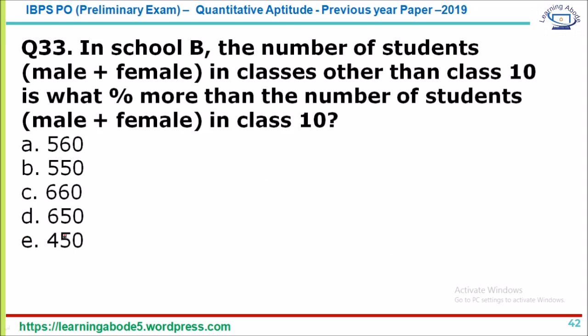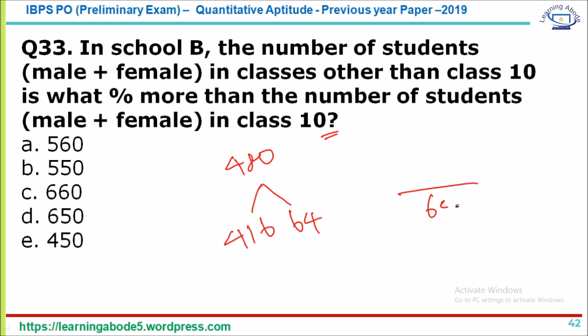In school B, the number of students in classes other than class 10 is what percentage more than the number of students in class 10? So in school B, there are totally 480 students, others are 416 and class 10 is 64. Now with respect to class 10, they're asking how many are more, right?